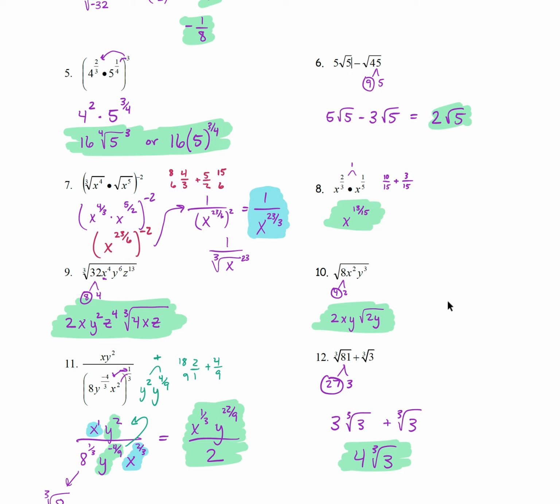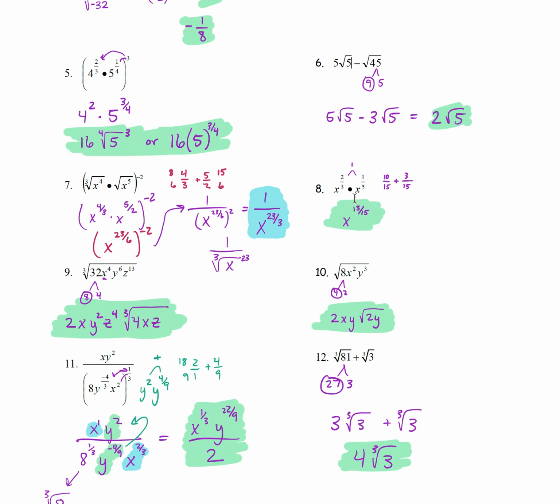That's just adding fractions. 4/3 plus 5/2 is 23/6, because 4/3 is 8/6, and then this is 15/6. 8/6 plus 15/6 is 23/6, and then to the negative second would be x to the negative 46 over 6, and then 46 over 6 is really 23/3, and then the negative made it flip to the denominator. And so we can write it like this, which would be the same thing as this.